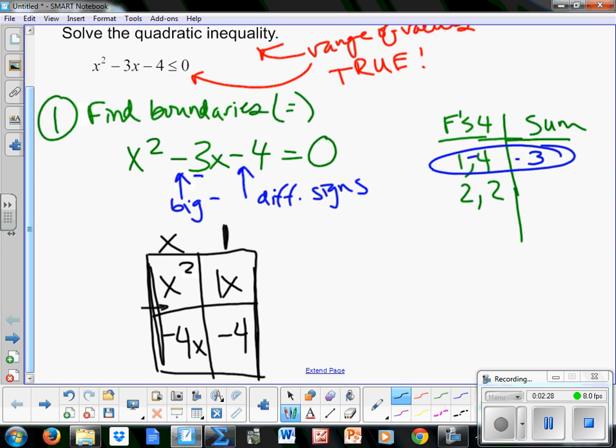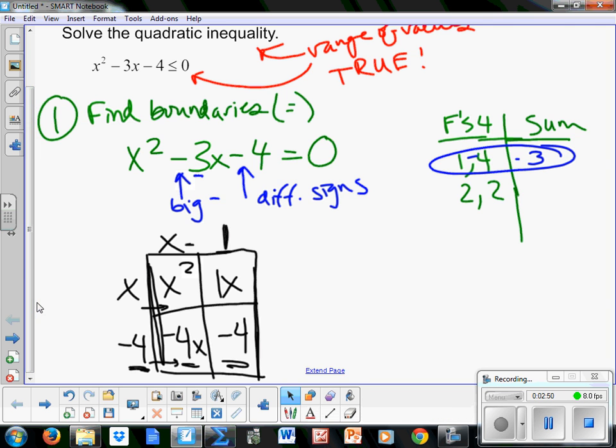We'll come back to see if we need to add a negative or not. Factors of this row here is an x, and this one here is a negative 4. All right, so now do we need to add in another negative? Well, this one times this one gives us a negative 4x, and negative 4 times 1 gives us our negative 4. So that's exactly what we're looking for.